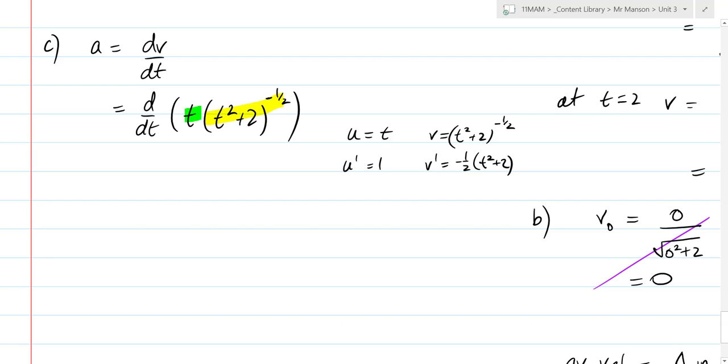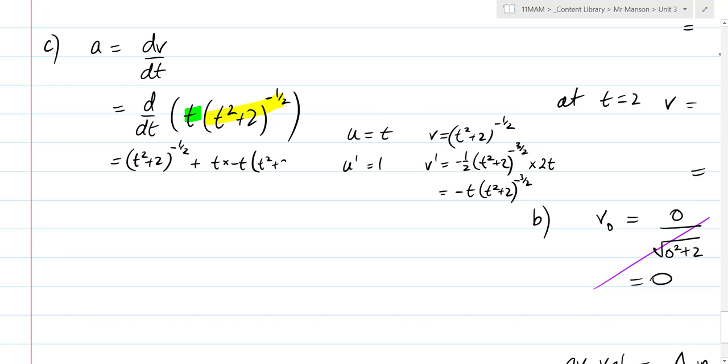Having fun yet? And the product rule is u v dash plus v u dash. So it's u dash v, which is just t squared plus 2 to the power of negative a half, plus v dash u, which is t times negative t times t squared plus 2 to the power of negative 3 over 2, which can be simplified to t squared plus 2 to the power of negative a half, minus t squared times t squared plus 2 to the power of negative 3 over 2.